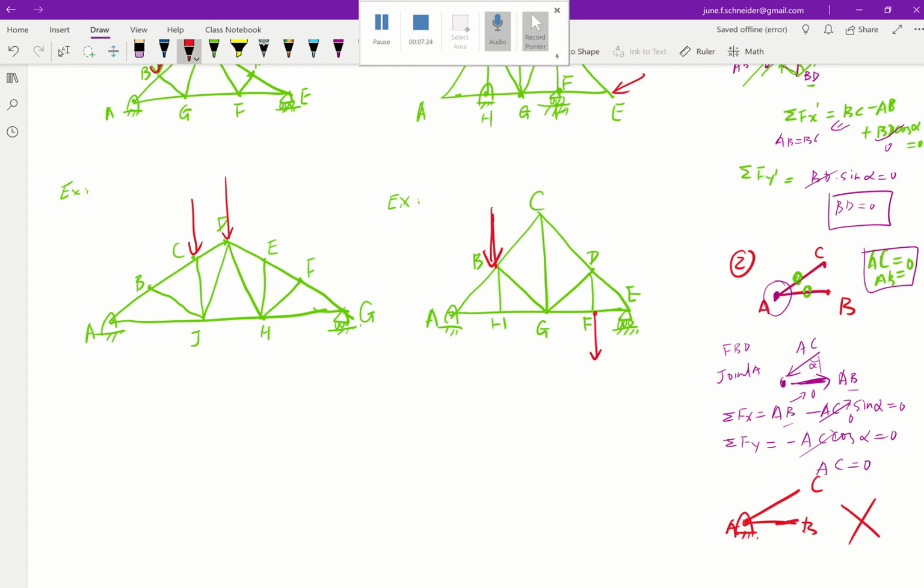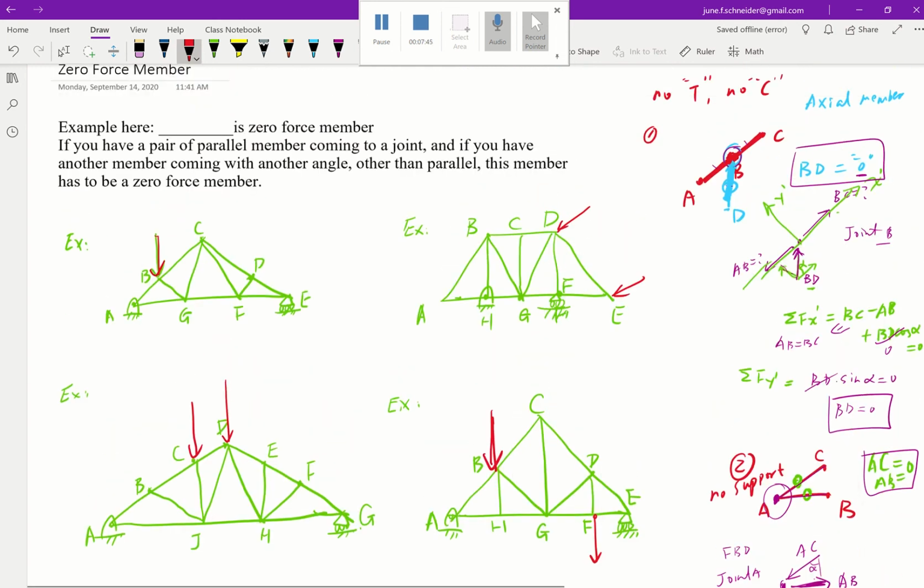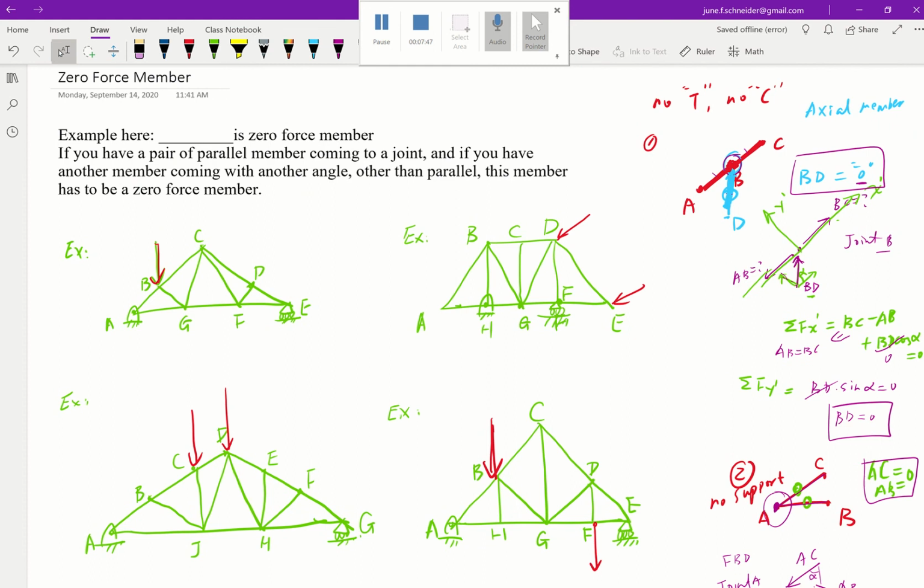AC and AB are no longer zero force members. However, if there's no support, then both of them are going to be zero force members. So those are the common ways zero force members come up.